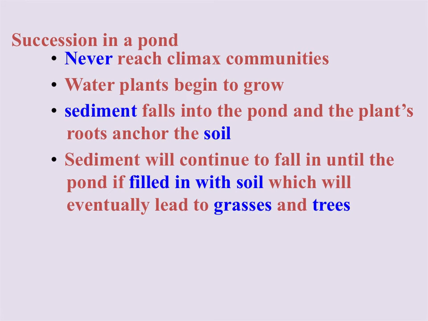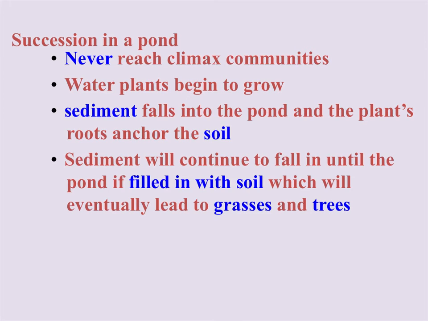Ponds. So one thing is that ponds are very small bodies of water, and one thing that we need to know is that ponds will never reach a climax community. So what happens with succession in a pond is that you'll have water plants begin to grow in a pond. Remember, ponds aren't very deep comparatively. So your water plants will grow, and then as runoff water runs into the pond, sediment and dirt will slowly fill in the pond.